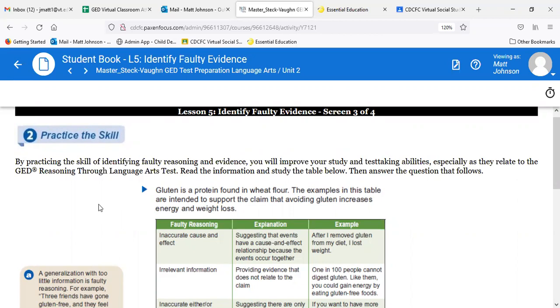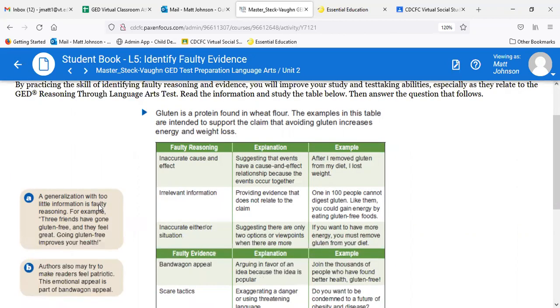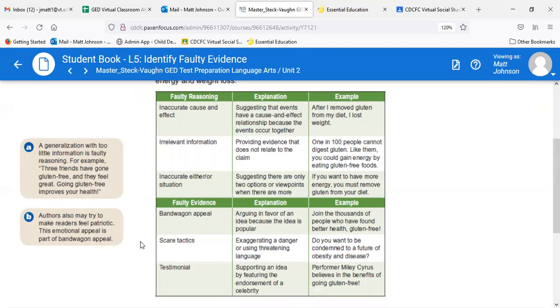So our table shows our faulty reasoning, an explanation, and an example, and faulty evidence underneath. It's like a table separated by two different ideas, right? Reasoning at the top, evidence at the bottom. So examples, explanation, and the type of evidence or reasoning that we're involved in.